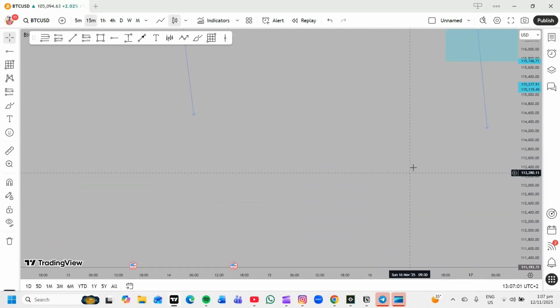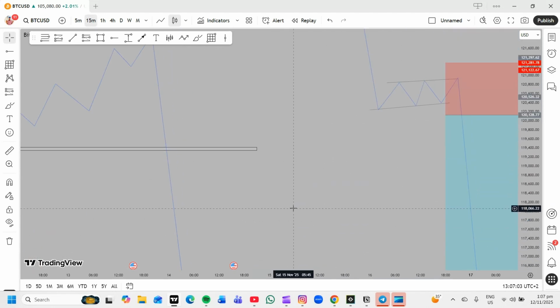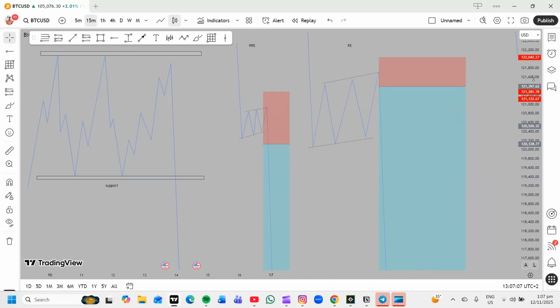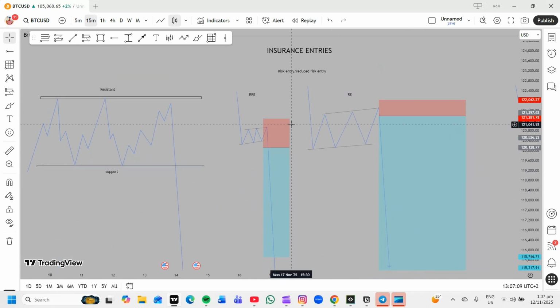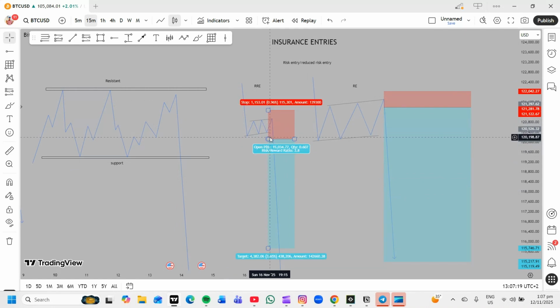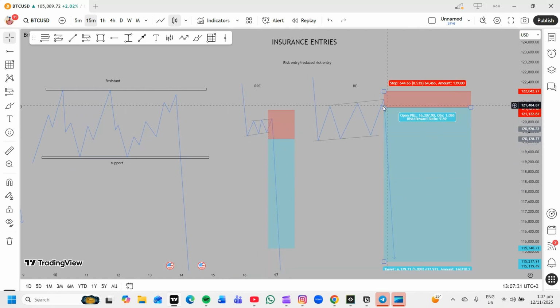With the entries, guys, let me quickly touch on something. When do you use a reduced risk entry and when do you use a risk entry? Let's say your pattern is small and tight. That's when you can use a reduced risk entry. Compared to this, you can see that this pattern is obviously bigger than this one.